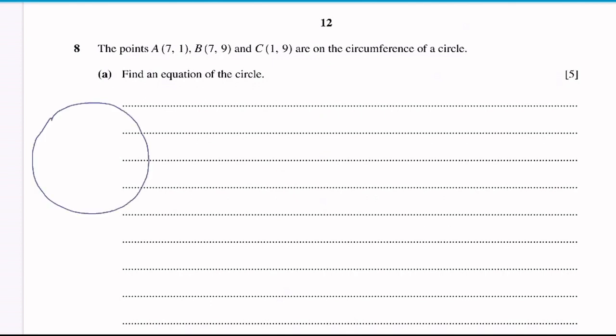So if this is our circle, and this is the center, let's say we put the points A and B. The points that we have are point A, which is 7, 1, point B, which is 7, 9, and then you also have point C, which is 1, 9.